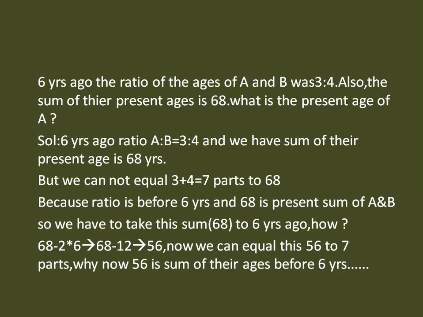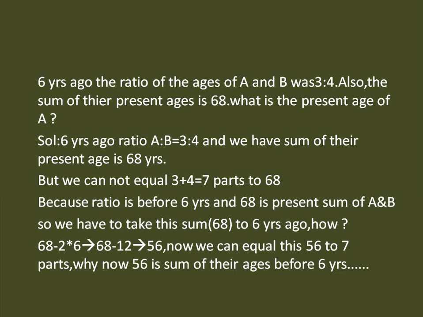You cannot equate the sum of the present ages to 3 plus 4, which is 7 parts, because the ratio was from 6 years ago, but the sum of present ages is today's sum. So we have to do one thing. We cannot move the ratio to the future or past, but we can move the sum of the present ages. We can move it to the future or past.